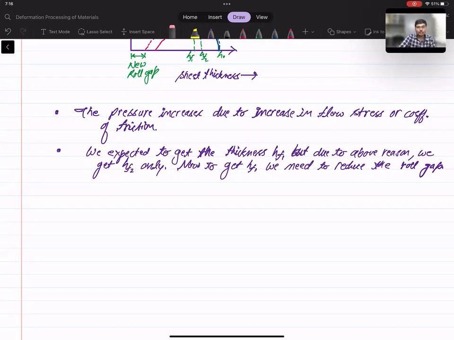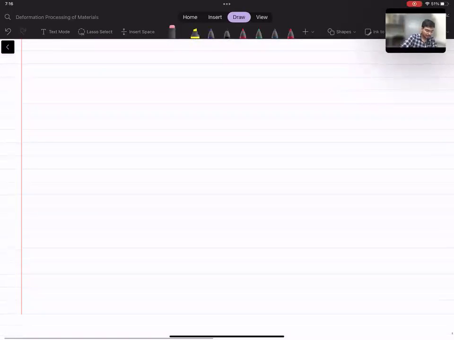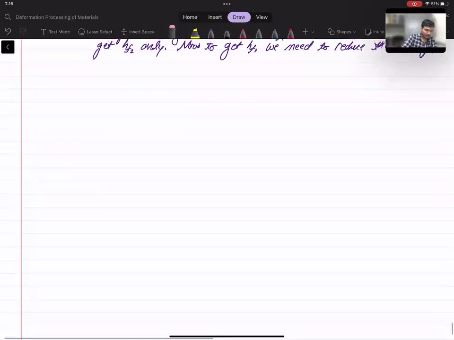Now, having completed the discussion on rolling operations, we will now begin the second metal forming process for this course. So now we will start our discussion on the extrusion process. Okay, so today we will begin the extrusion process.